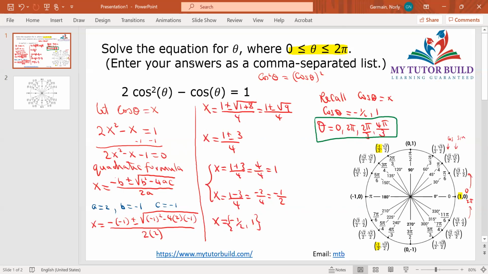If they were asking us to solve for theta between 0 and pi, that means we would include only the first and second quadrants, then we would only take 0 and 2 pi over 3. But because it's 0 to 2 pi, we need to take all 4 quadrants and identify everywhere cosine equals negative 1/2 and also cosine equals 1.